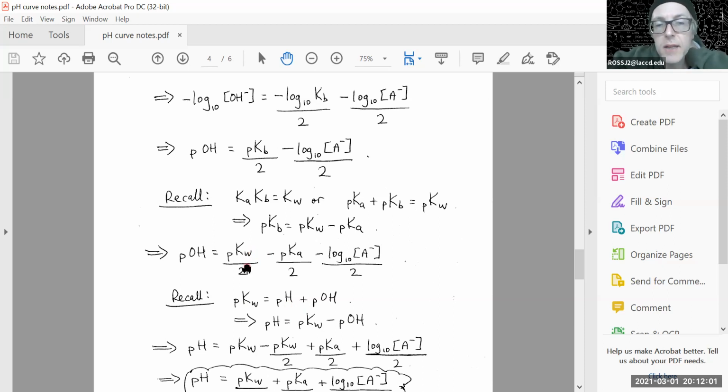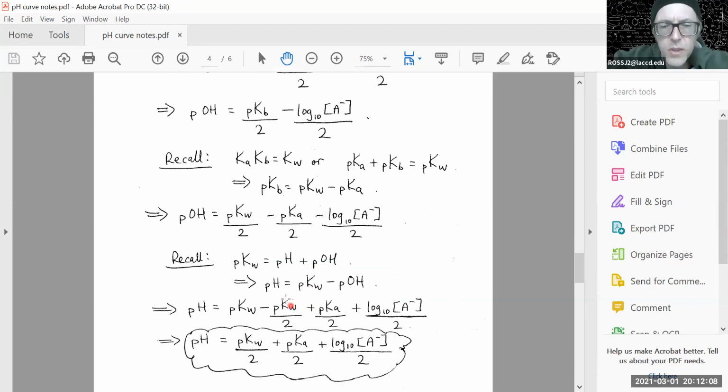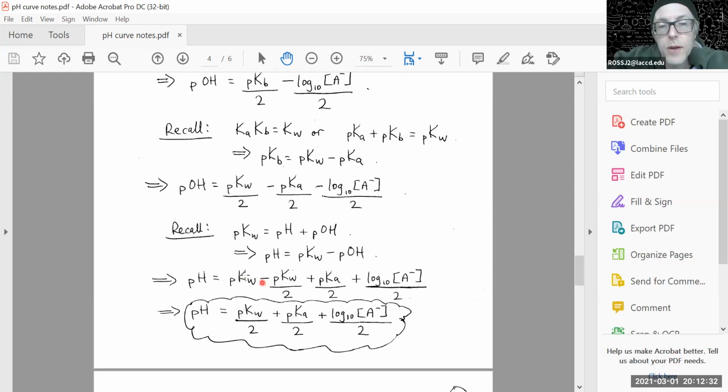So where we have pKw divided by 2, we can now sub in our expression here for pH, which is pKw minus pOH. So we've got all of this stuff as pOH.